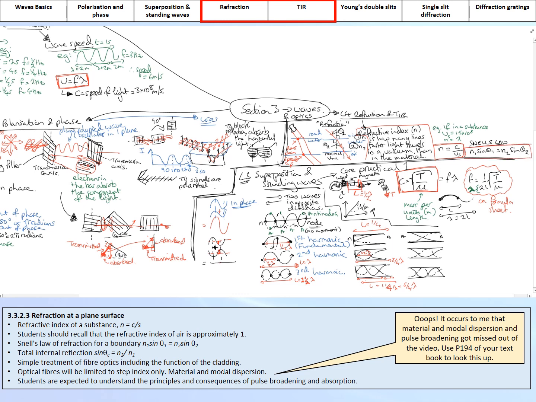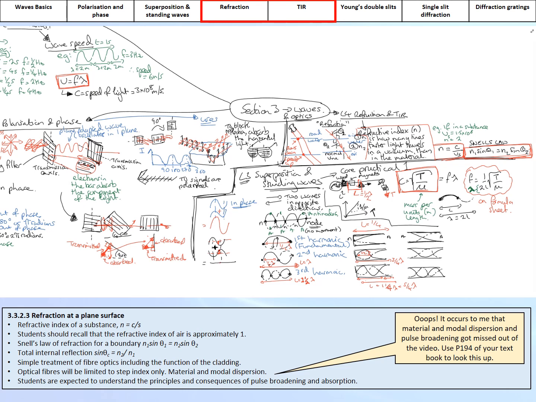And it's symmetrical, so you can't get it the wrong way round. Now they could ask you to work out the angles, and they could ask you to draw some lines, and they could ask you to work out other angles. So you work out going from one medium to the second medium, and then from the second medium to the third medium, and you have to be very good at trigonometry to get all of that.